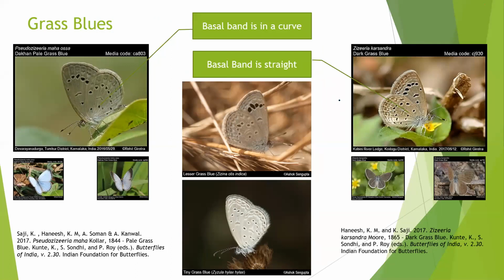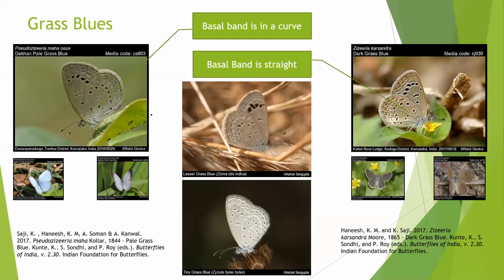Mostly the pale grass blue has a pale cerulean blue at the top, and the dark grass blue has a different color, a darkish blue on the open wing, and grayish black in the case of the female. But they won't generally give you an open wing shot, they will give a closed wing shot.